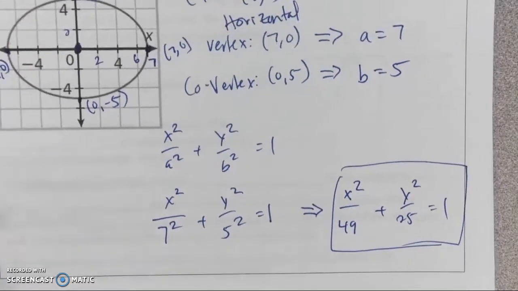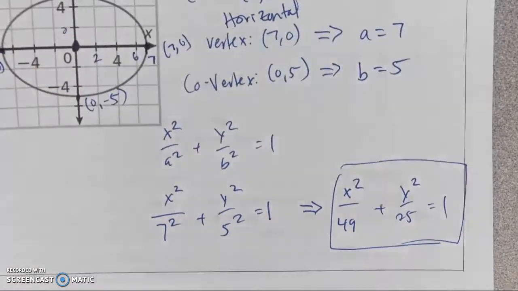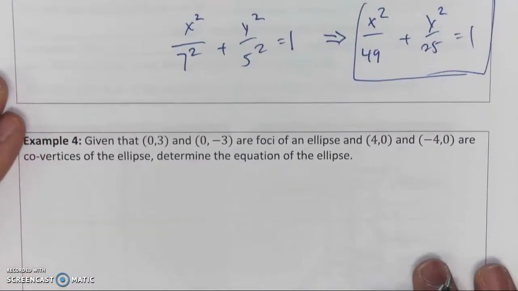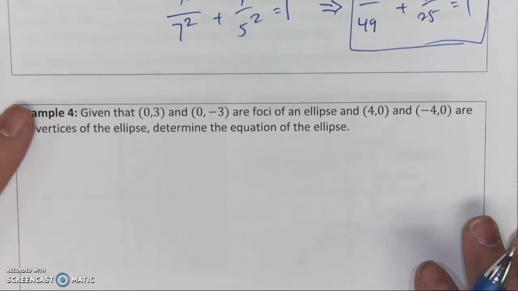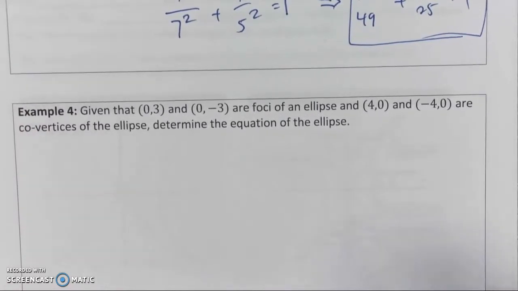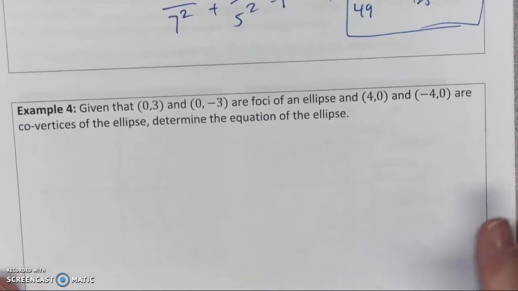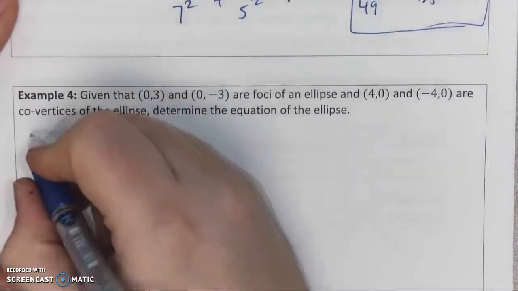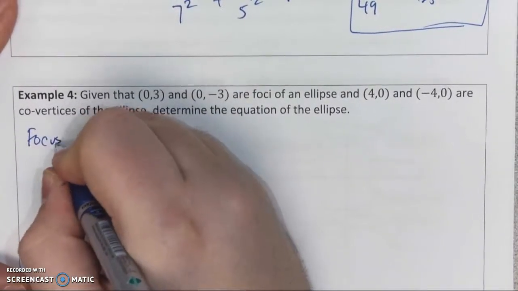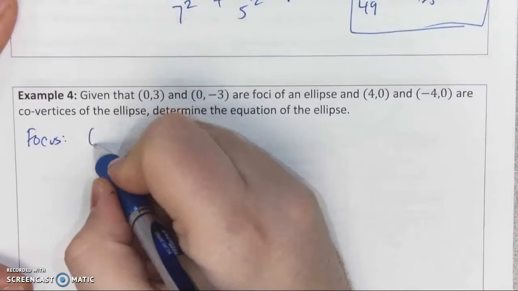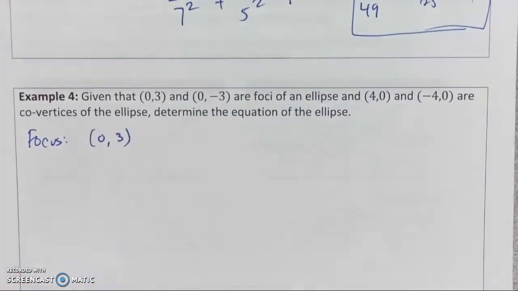Your last example for the ellipses is if they give you the foci and they give you co-vertices, and they want to know the equation of the ellipse. So if my foci, or my focus, let's choose 0, 3, just because I like working with positive numbers.